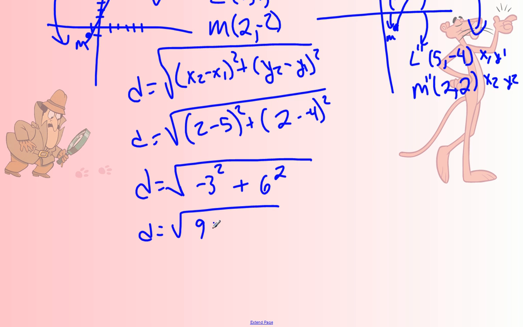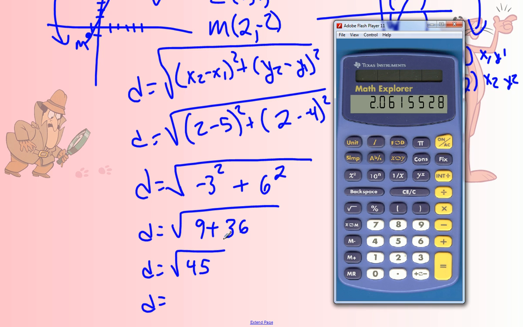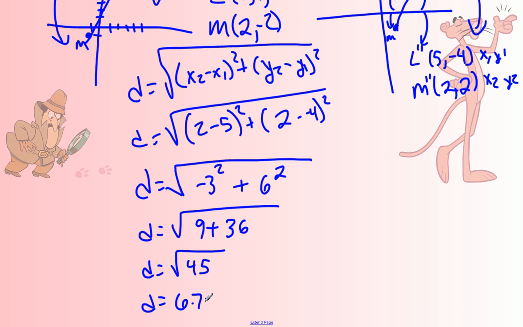Negative 3 squared is 9. 6 squared is 36. That gives us 45. The square root of 45 is 6.708, if you want to be detailed about it.